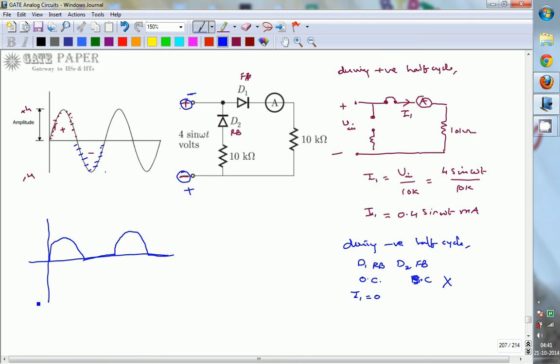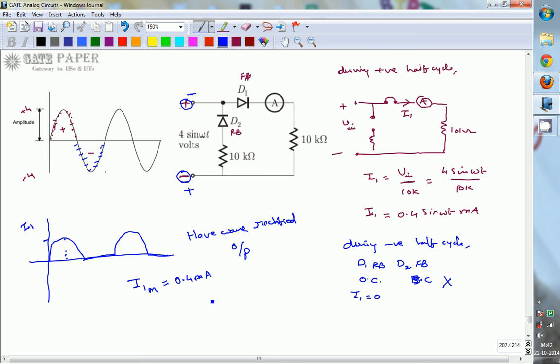This is I1, which is 0.4 sin omega t, and the peak value I1m is 0.4 milliamperes. This waveform looks like a half wave rectifier output.